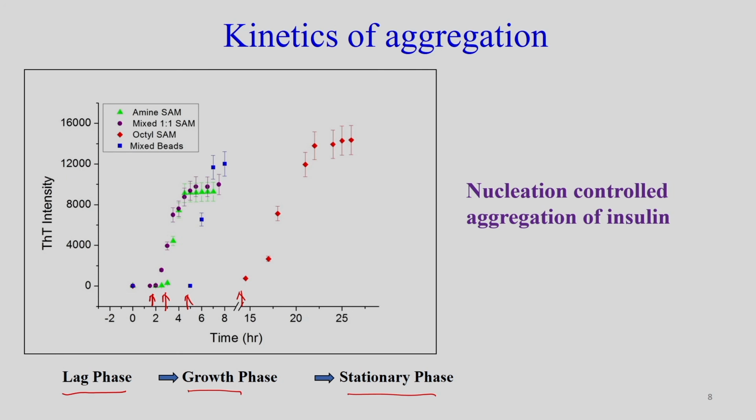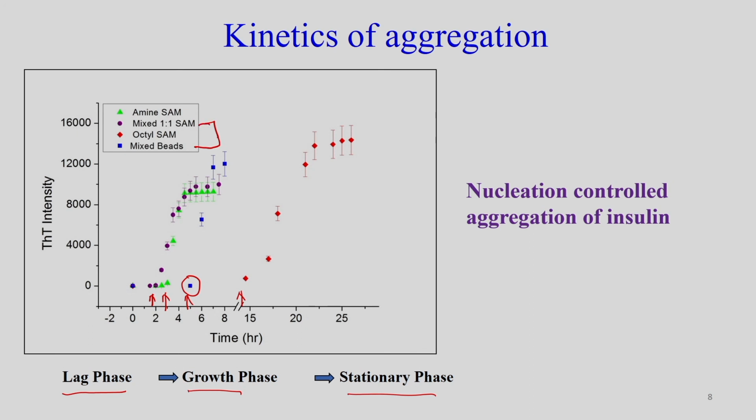And also, rather than forming a mixed SAM, we physically mixed an equal amount of amine bead and an equal amount of octyl bead. And when we physically mixed them, the lag time was different compared to the mixed SAM.